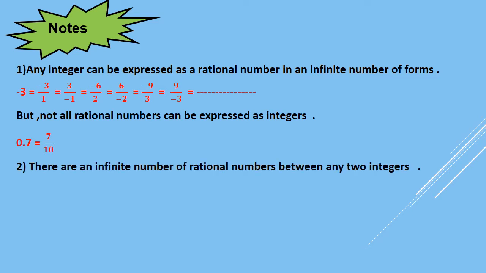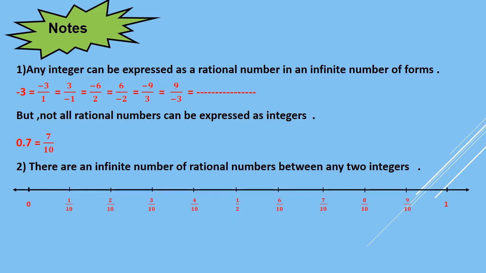Second note, there are an infinite number of rational numbers between any two integers. For example, between 0 and 1, I can write 1 over 10, 2 over 10, 3 over 10, until I find 9 over 10.